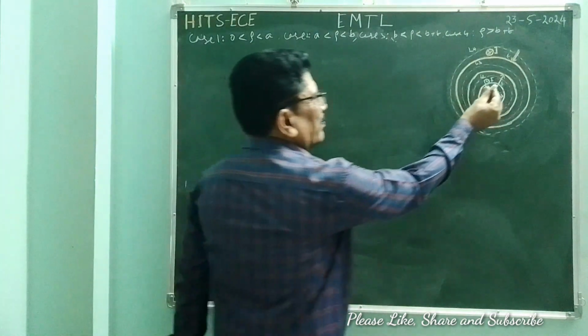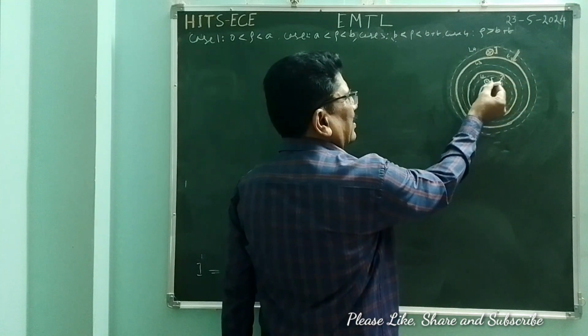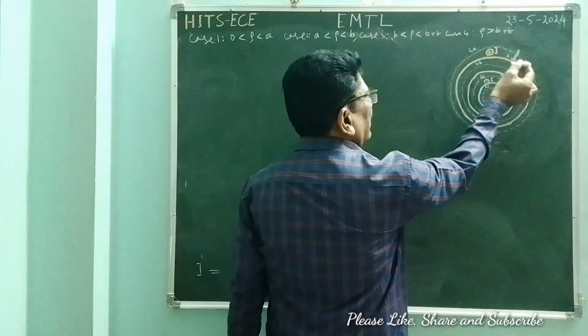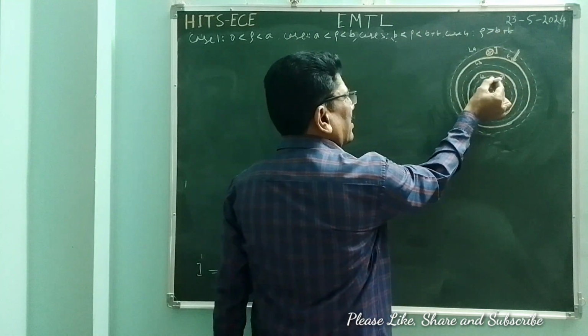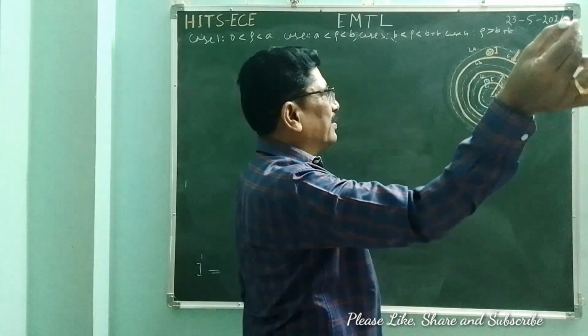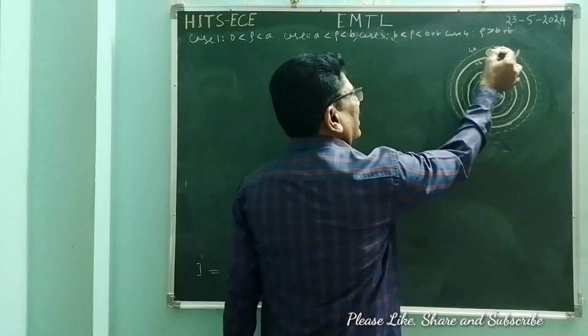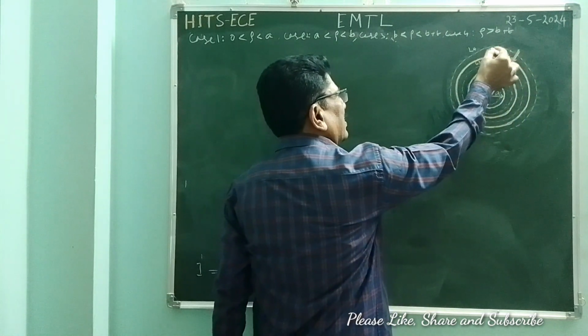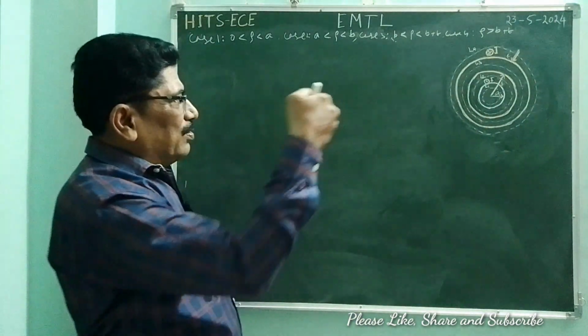One current is moving away from the board in the inner conductor, and this is the outer conductor. In the inner conductor, the circle with a dot shows the direction of current, out of the board. Here the outer conductor is into the board, shown by the circle with a cross.